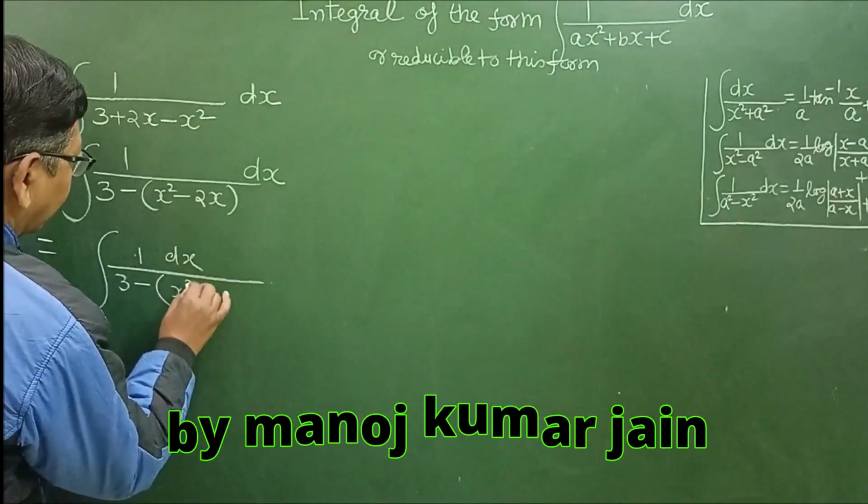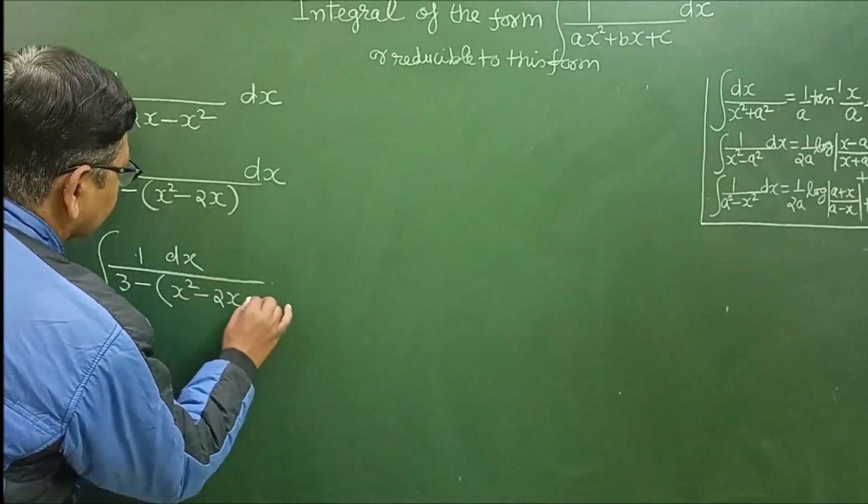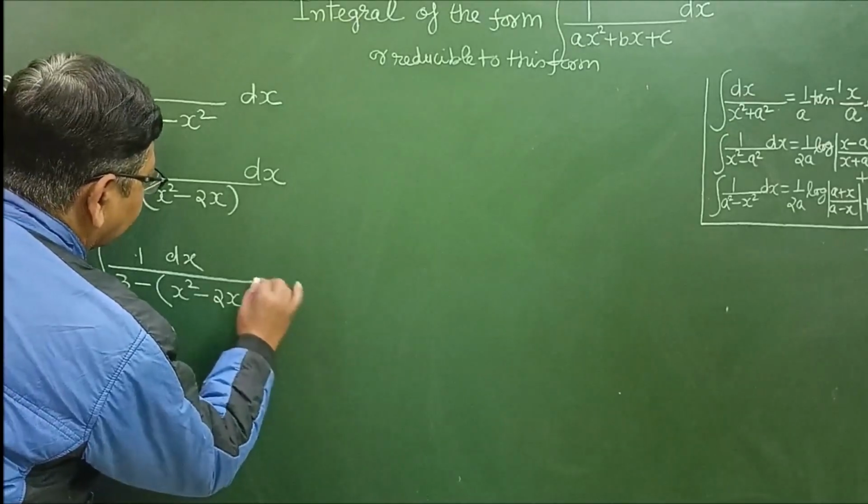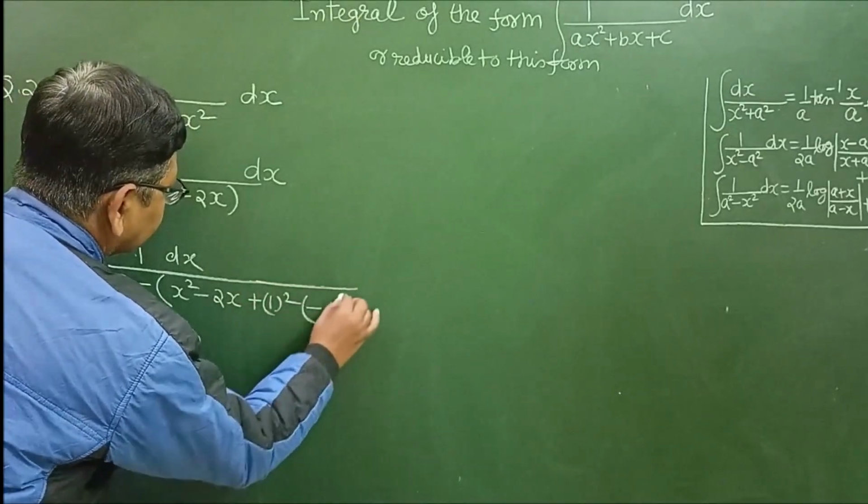So adding 1 square and subtracting 1 square, x square minus 2x plus 1 square and minus 1 square.